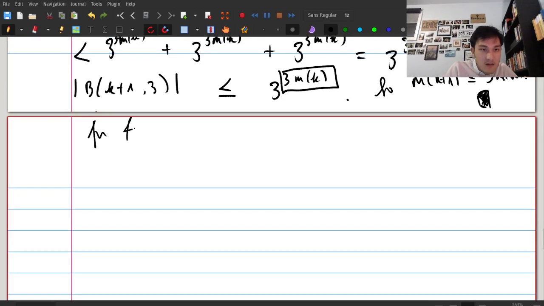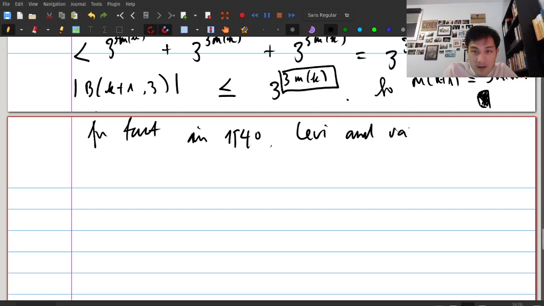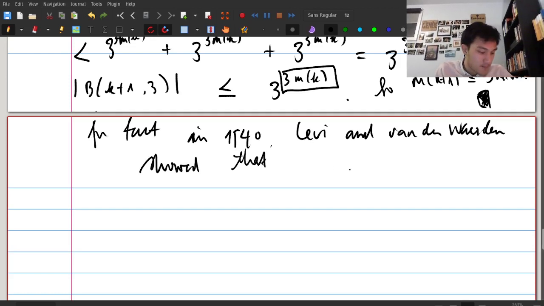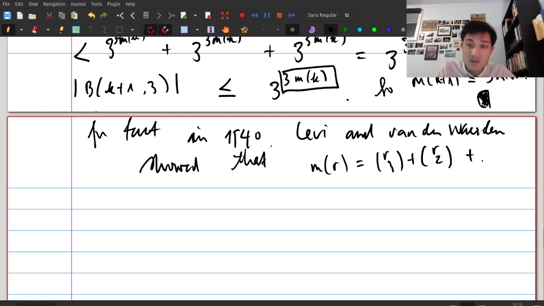In fact, in 1940, Levi and van der Waerden showed that MR is actually equal to R choose 3 plus R choose 2 plus R. Okay, so that settles exponent 3. All right, so now we're gonna do exponent 4.